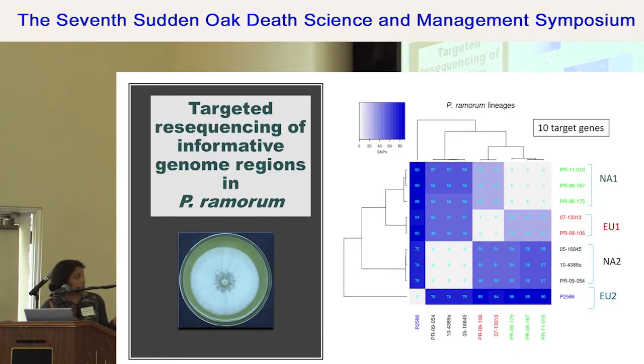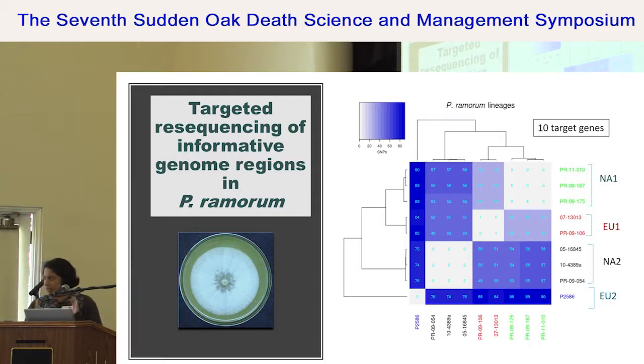So in our first panel, to identify Phytophthora lineages, we used 10 targets that were identified using the GEDI approach. And we created about 34 amplicons to target all those 10 genes. What you're looking at is hierarchical clusters on the top and left, and a pairwise comparison of different lineages and different isolates, showing the differences between them in terms of nucleotide polymorphisms.